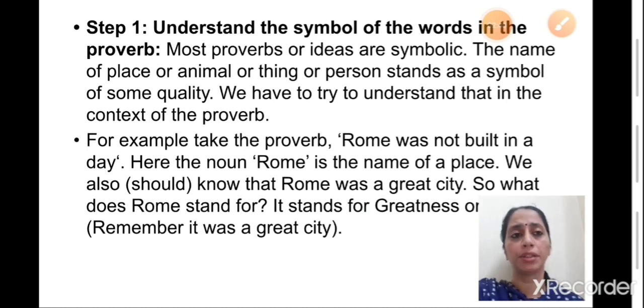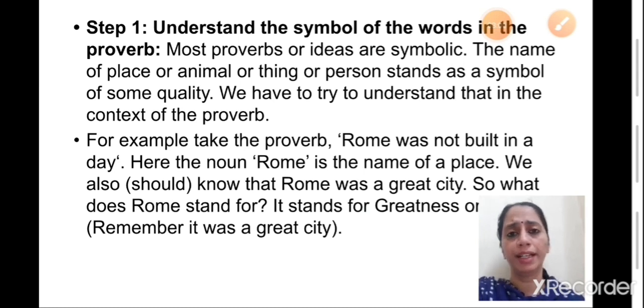We have to try to understand that in the context of the proverb. Okay, the proverb will be given, and a particular word in the proverb will be a symbol for some quality that we have to understand first.